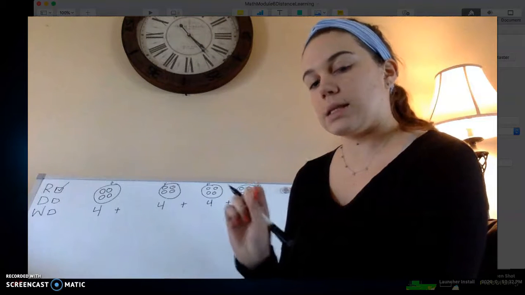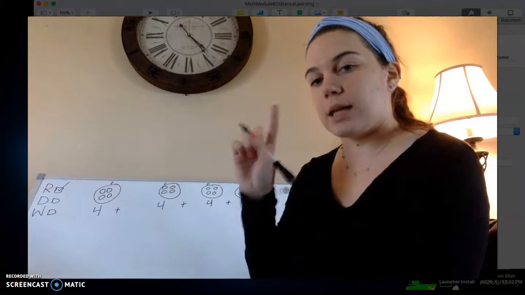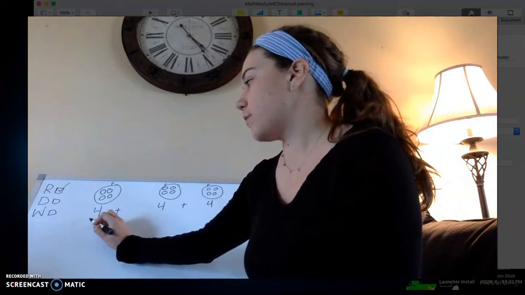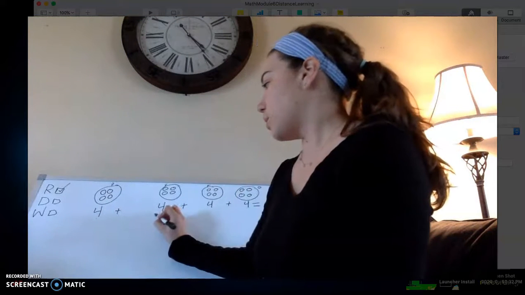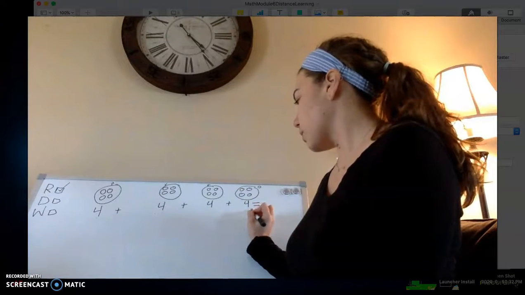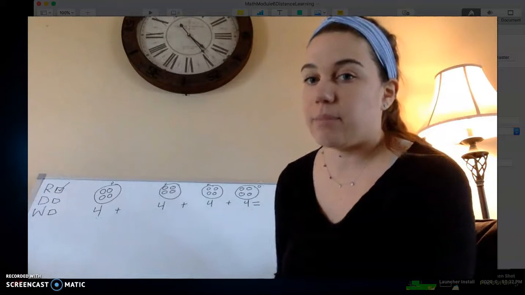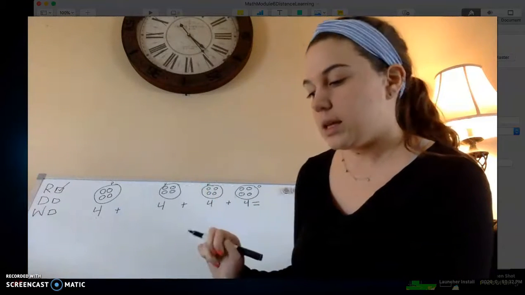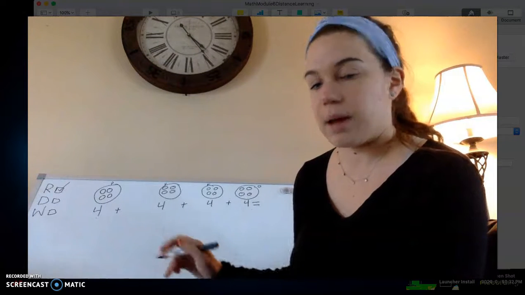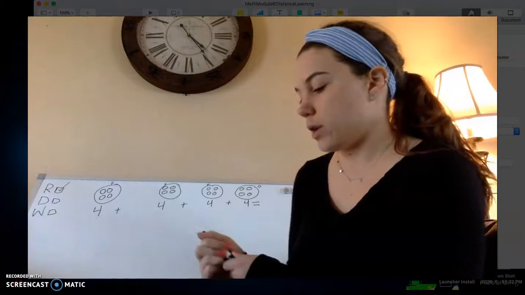I'm going to draw little dots underneath my numbers, so when I'm counting, I can point to the dots. Each one has 4, so I'm going to draw 4 little dots. 1, 2, 3, 4. 1, 2, 3, 4. 1, 2, 3, 4. Because it's not very easy to skip count by 4, it's good to have a little dot underneath so you can see. It might be hard to see on my board, but I'll point to them for you.